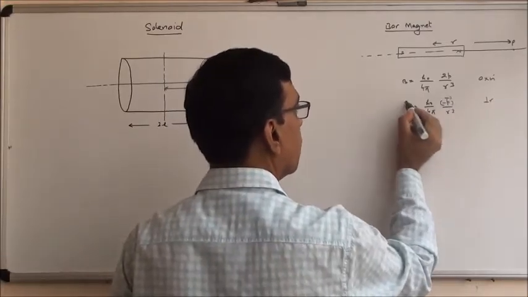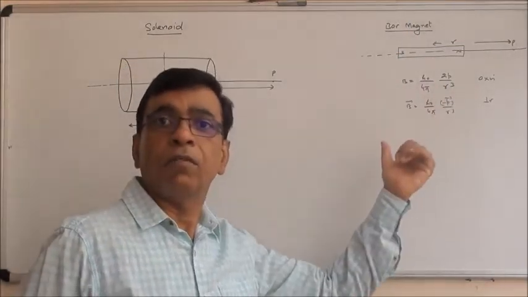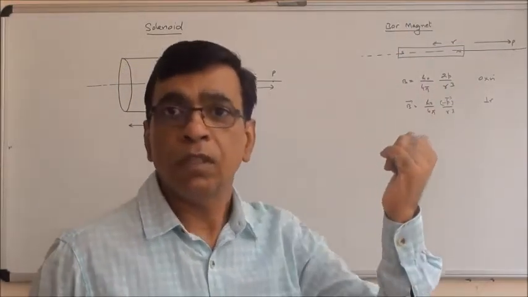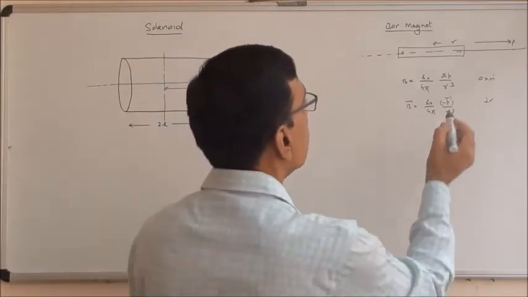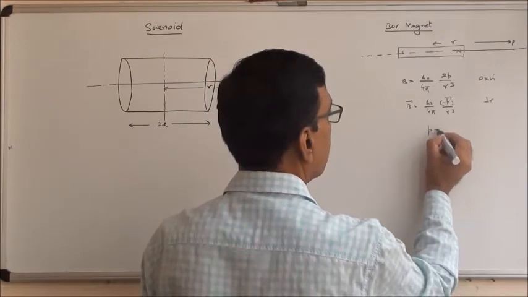Otherwise, we know on the perpendicular bisector, the magnetic field direction is opposite to the dipole moment. Okay. So, what is the dipole moment?